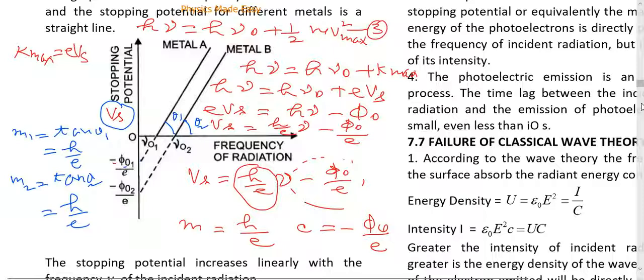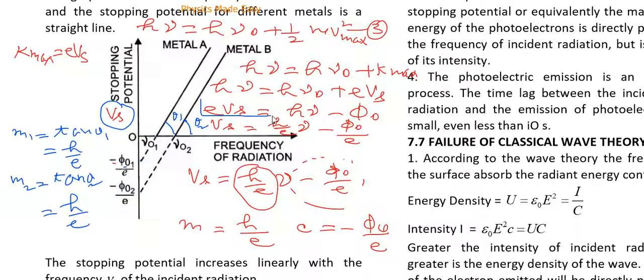In the next diagrams, the graph will be between kinetic energy and frequency. Here the graph is between stopping potential and frequency, so the slope gives us h by e and the intercept gives us phi naught by e, where phi naught is the work function. If we multiply the intercept by the electronic charge, we get the work function.